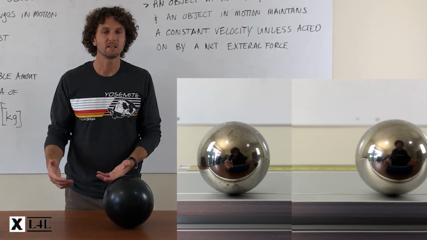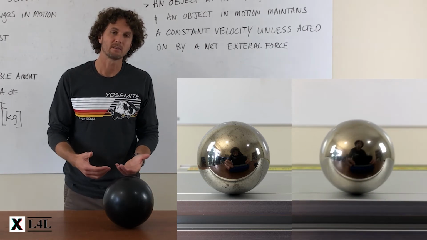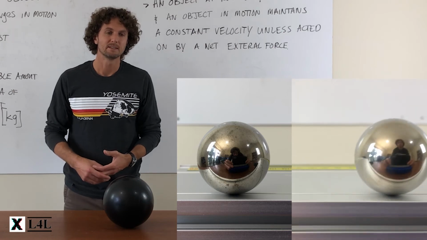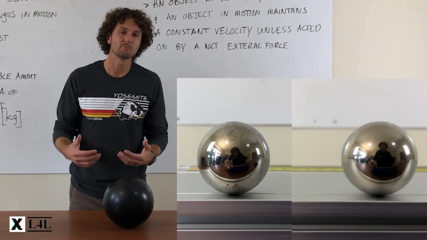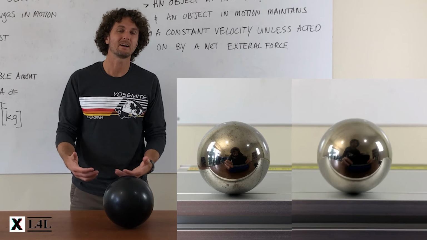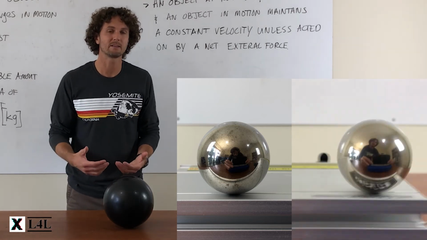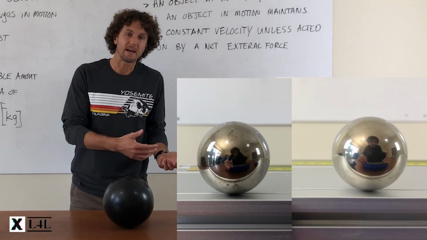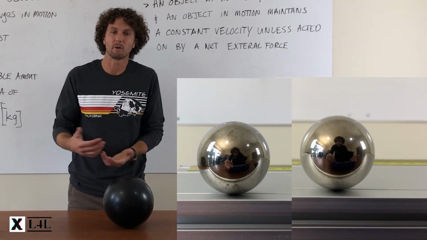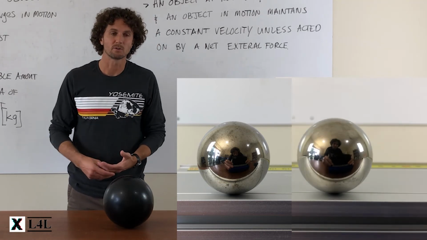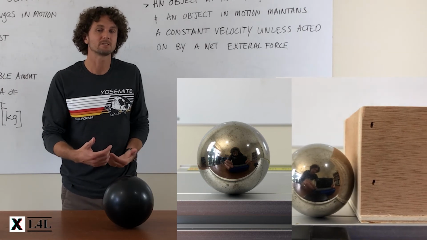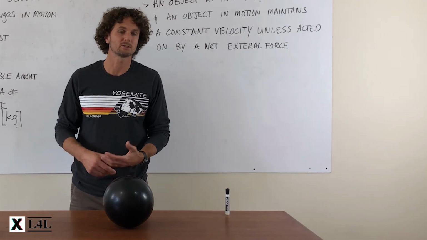And as you can see here, at the end of the track, the steel ball that was moving at a constant velocity doesn't change its state of motion, it maintains its constant velocity, both speed and direction, until the block is actually impacted by the steel ball. So the steel ball then experiences an external force that causes it to change its state of motion, or causes it to accelerate.